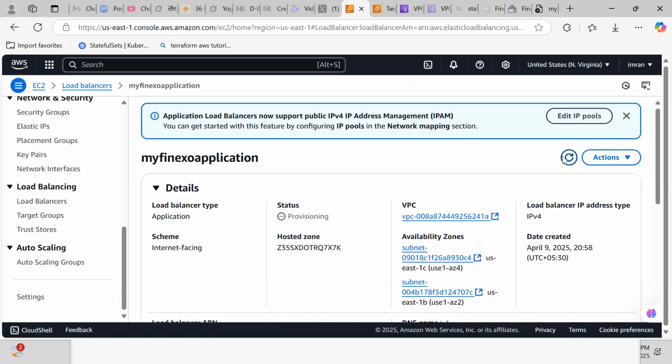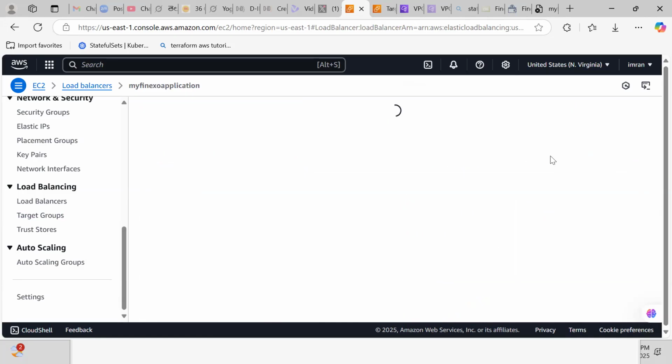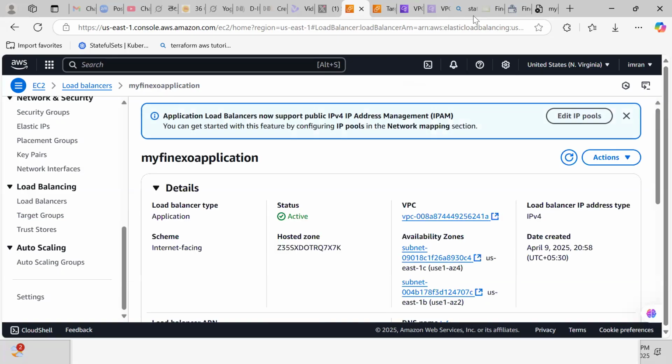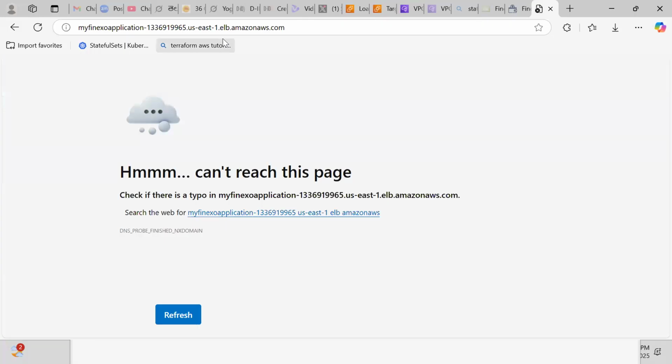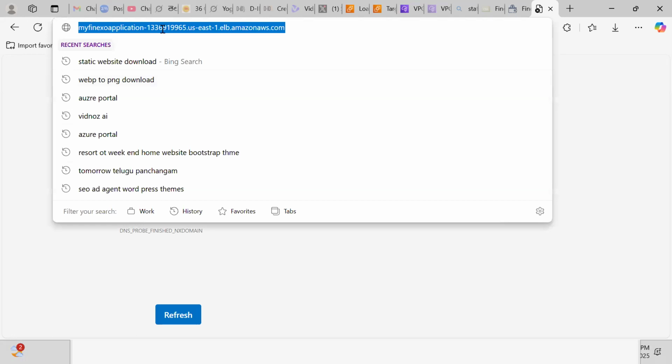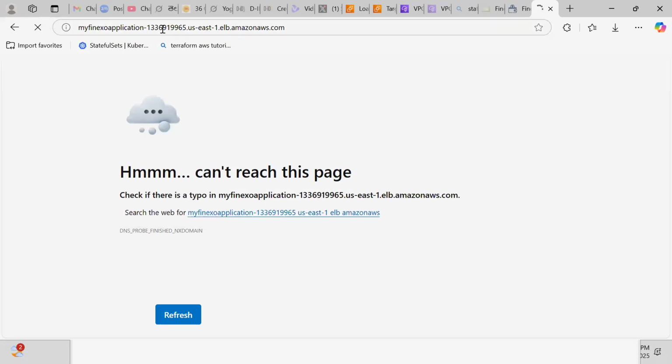Still this is in the provisioning state. Yeah, now it has come to active state. This is not our instance, this is the load balancer DNS name.